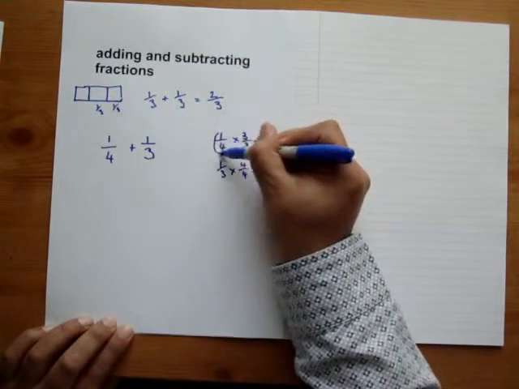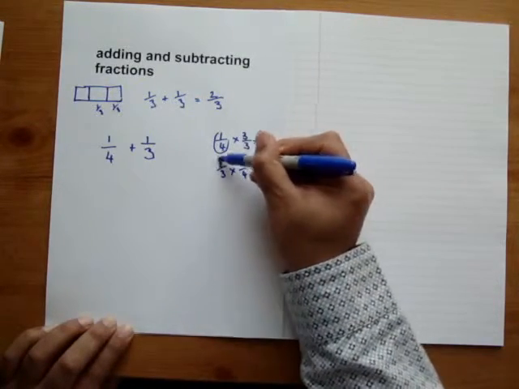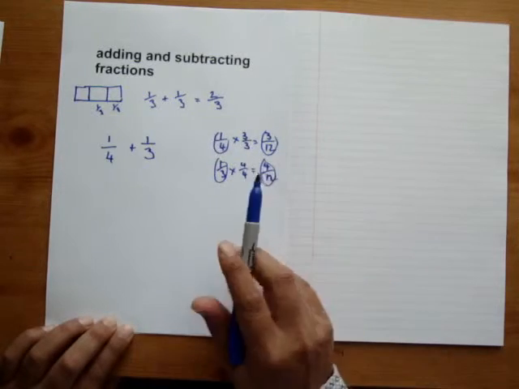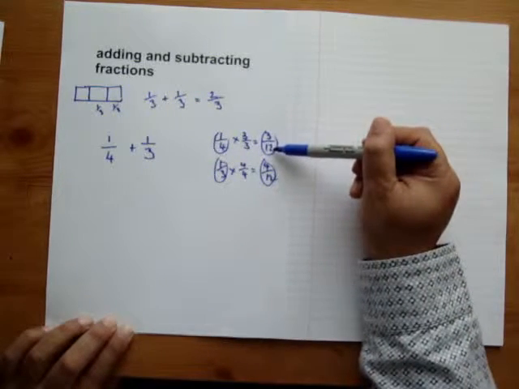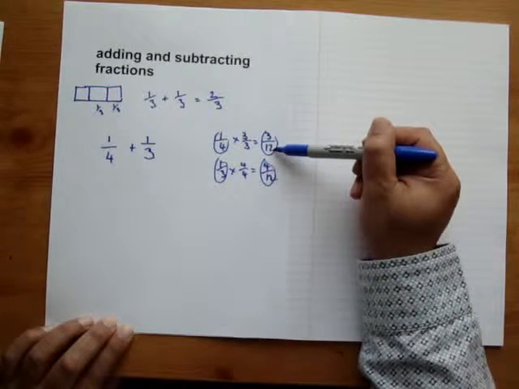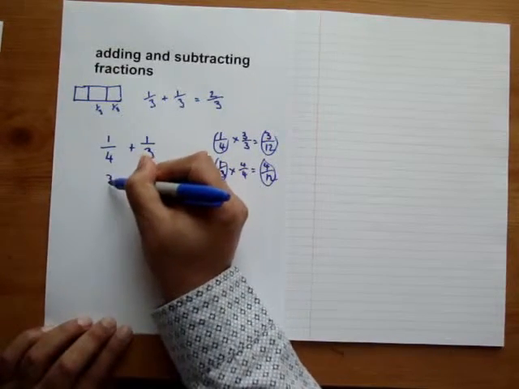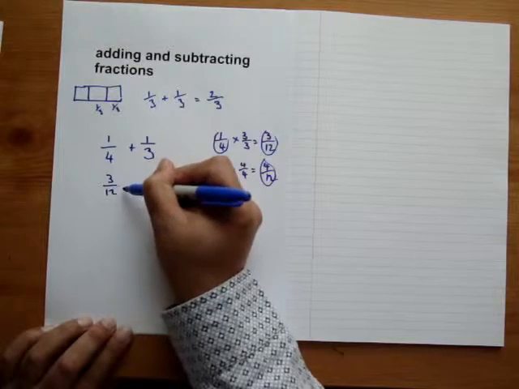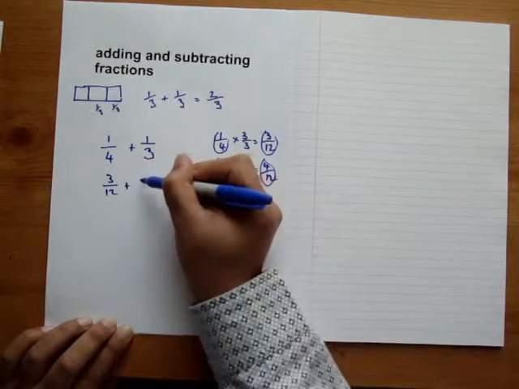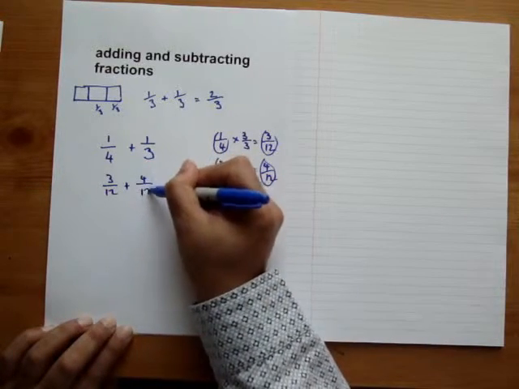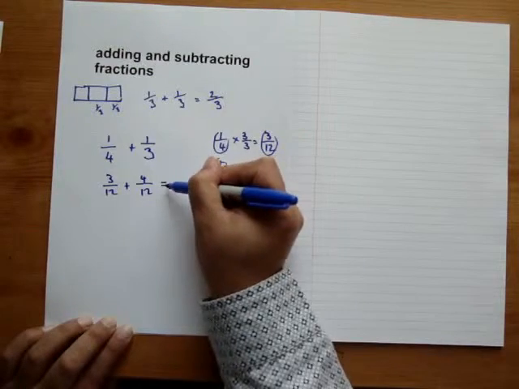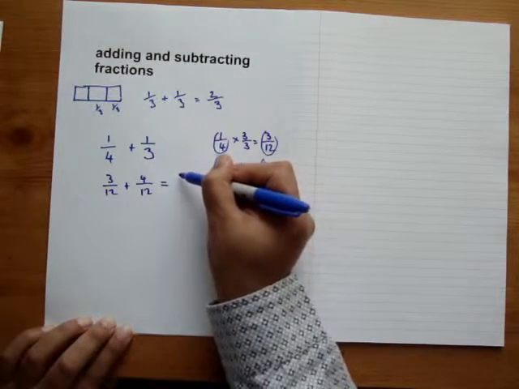So this is equivalent to this, and this is equivalent to this. But notice how we've made both the denominators now into 12. So we can write that becomes 3 over 12 plus 4 over 12 equals 7 over 12.